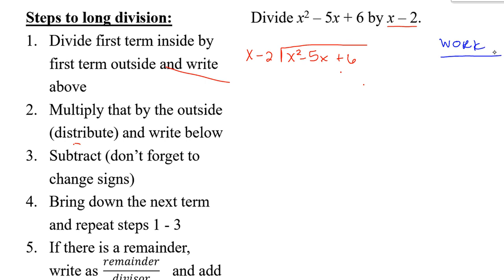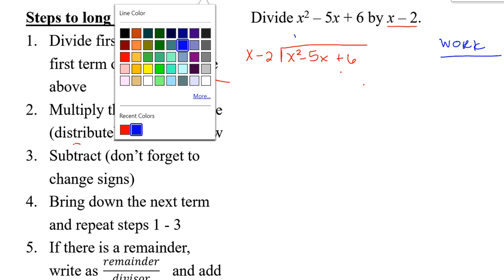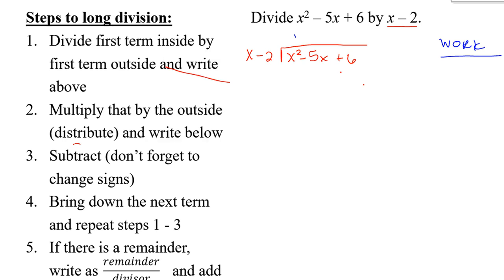Okay, the process is exactly the same except for now we have terms instead of values, but it's still something on the outside divided by something on the inside. And it's always the first term on the inside, and then we just divide it by the first term on the outside. It's always first divided by first.